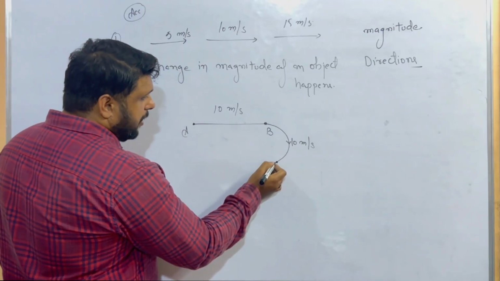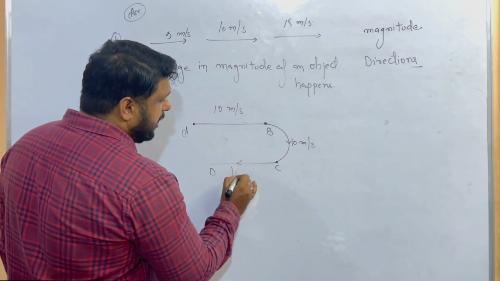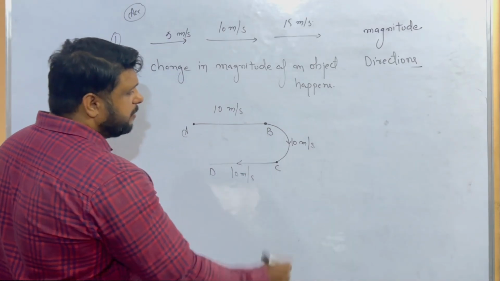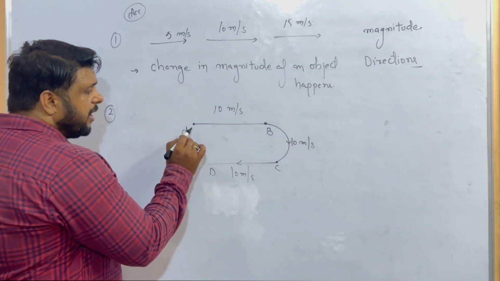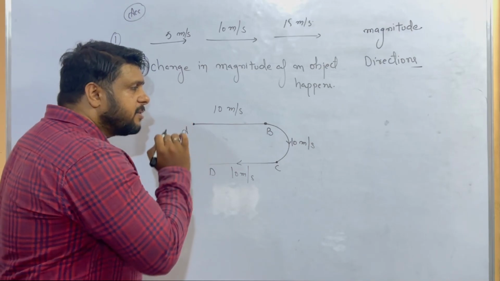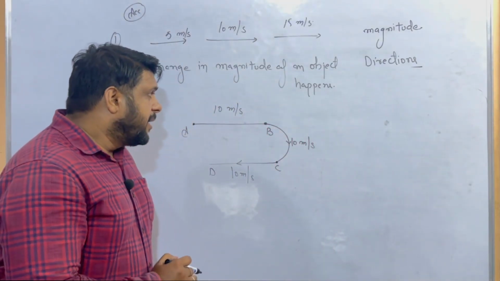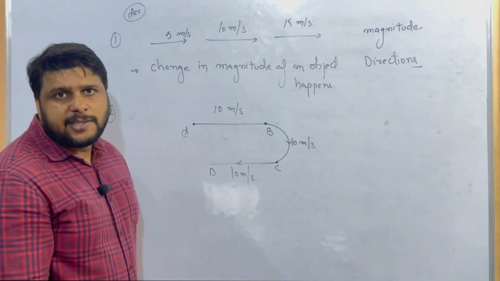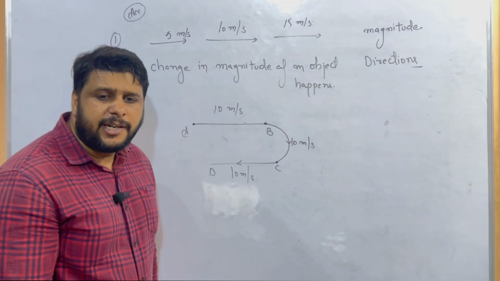After that, from C to D, it again moves at 10 meter per second. Now in this scenario, when it was traveling from point A to B, its magnitude was not increasing. So till point B, we can say that it is a non-accelerating motion.